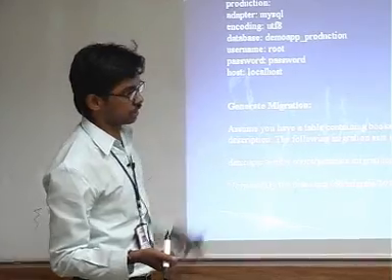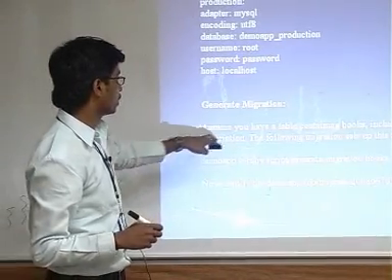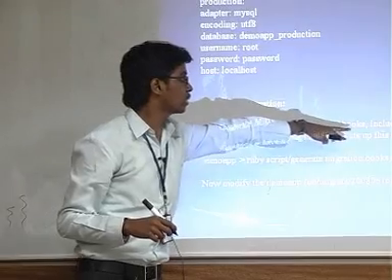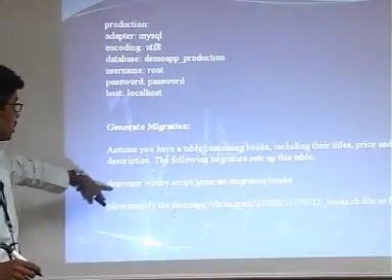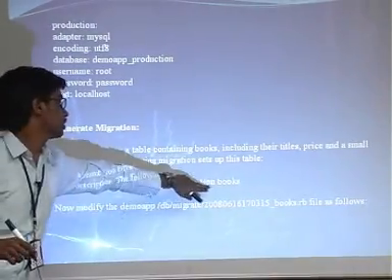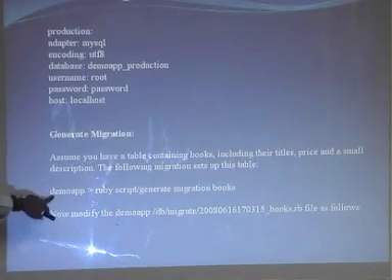After changing it, for testing purposes, run one table migration. Generate the migration. Assume we have a table containing books including their title, price and a small description. Run the following migration setup command in your command prompt. Then a table will be generated.